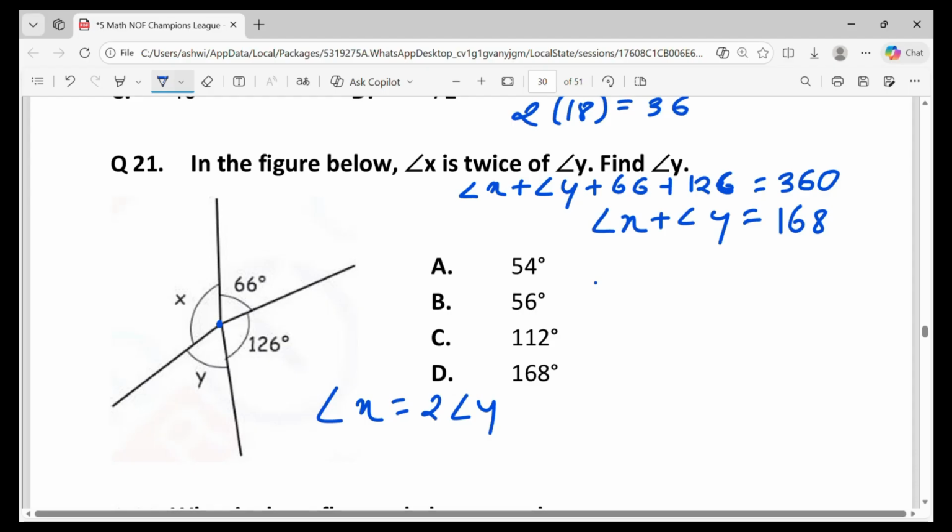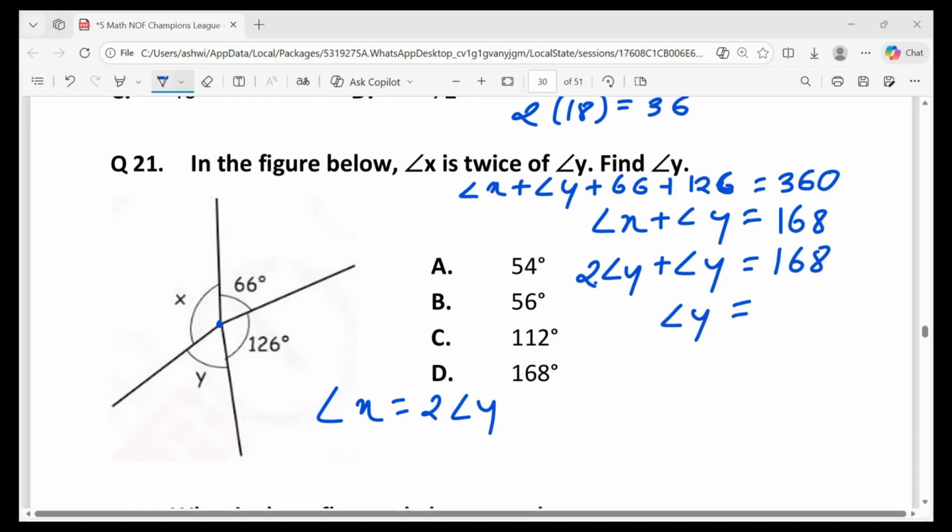Substituting in the equation, we have 2 angle y plus angle y is equal to 168. So angle y is equal to 56. That is option B.